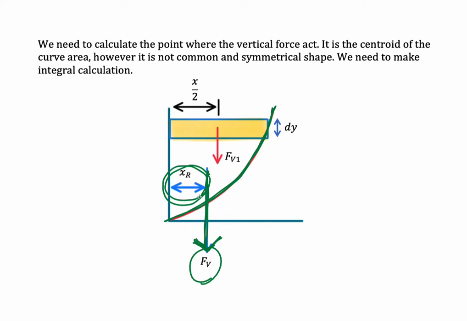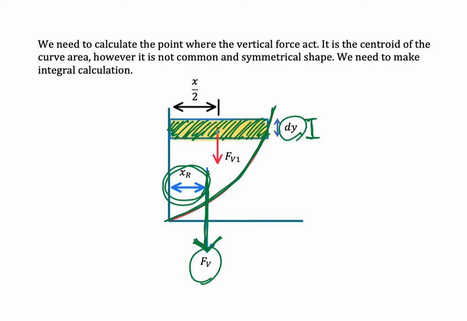So and then we could assume that there are so many small rectangular areas like this in this curved surface. So let's say we take the rectangular area like this one, the first one. Because it is very thin, the thickness here will become dy.